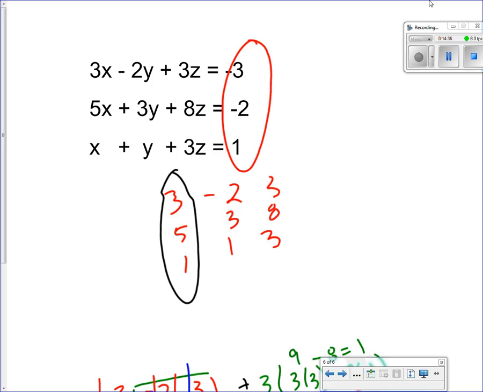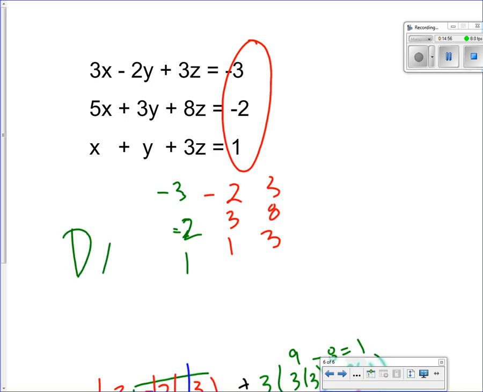So we're going to actually change that column, and we're going to replace that column with the constants, -3, -2, and 1. And when we find the determinant of this matrix, that will be the determinant of what I'm calling the x matrix, because the x column has been replaced with the constants.